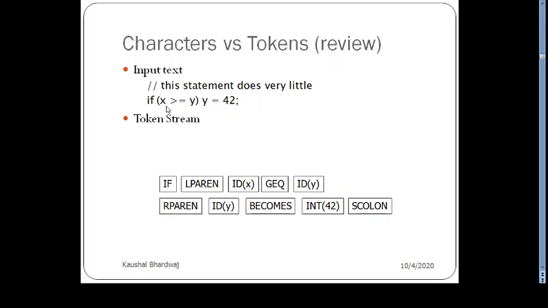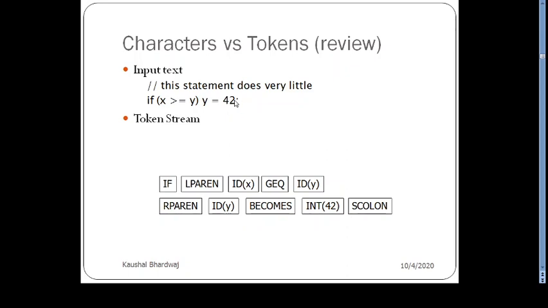X is a symbol, an identifier, and it is considered a token. Greater than or equal to, together, is a token. If it were only greater than, it would be a token. So everything here will be considered a token separately.